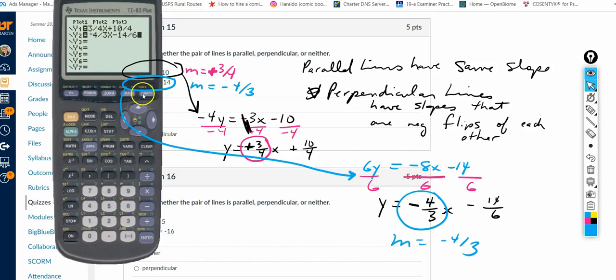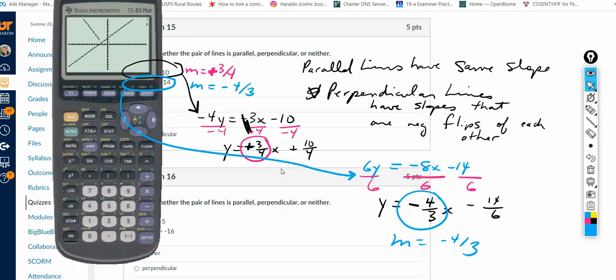And then if I look at the graph of that, those two lines might not look perpendicular because it's in a standard viewing window. So the standard viewing window is Zoom 6. If you look at it in a square window, then it should look nicer.